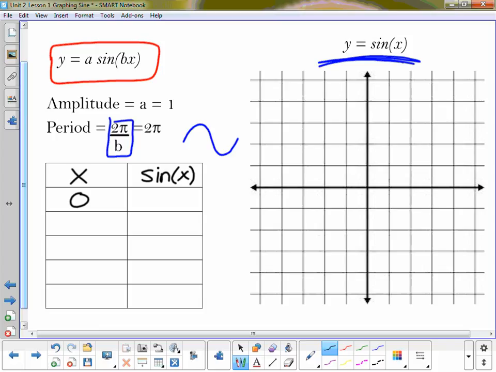To complete one period of the sine function, I'll end at 2 pi, because the period is 2 pi big. I'm going to use the quadrant angles we've been using: pi over 2, pi, and 3 pi over 2.